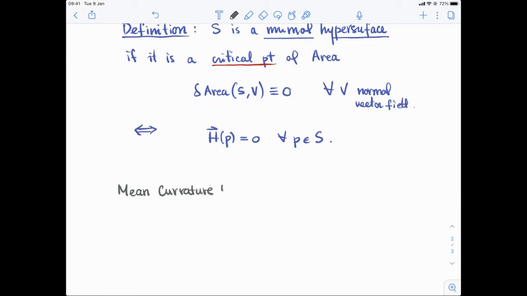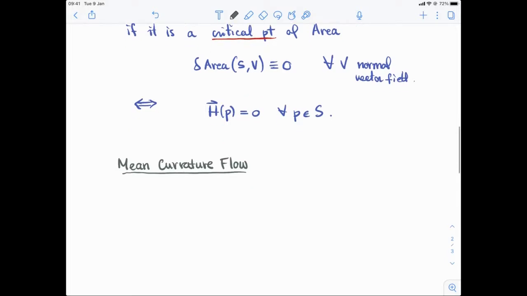So if we think that this area functional is a function on the space of hypersurfaces, then you can imagine that this will have some sort of gradient flow or negative gradient flow, and this is what the mean curvature flow is.